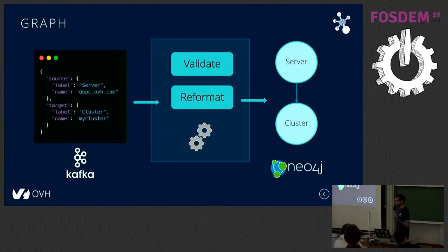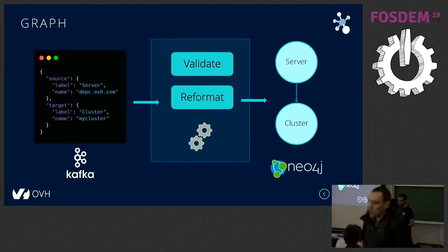In order to get a graph in DEPC, we are using Neo4j, which is a graph-oriented database. And we are using Kafka, which is a queue, in order to handle the messages, especially for the web hosting team. We populate the graph in real time. We have orders constantly, and the infrastructure is moving.